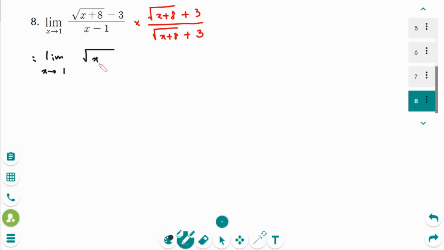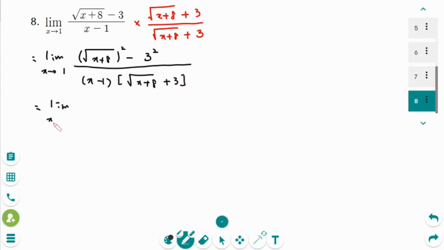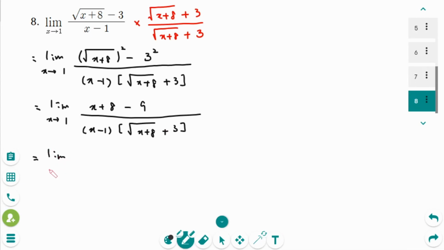So square root of x plus 8 squared minus 3 squared over, keep the denominator in factored form, expand the numerator, x plus 8 minus 9 over x minus 1 square root of x plus 8 plus 3 and the numerator is x minus 1 over x minus 1 square root of x plus 8 plus 3.